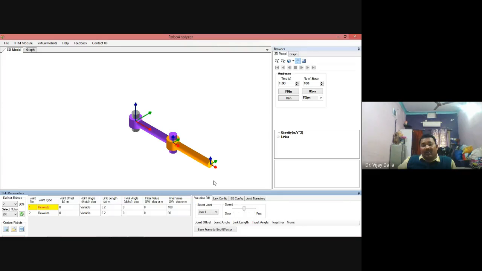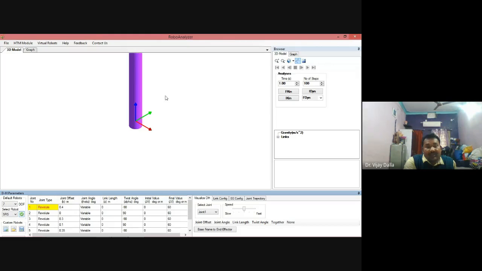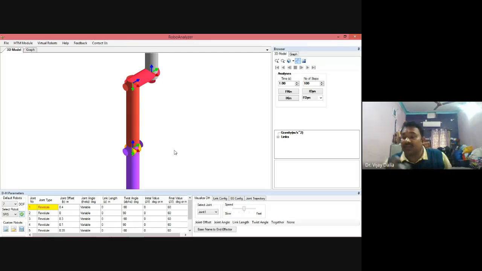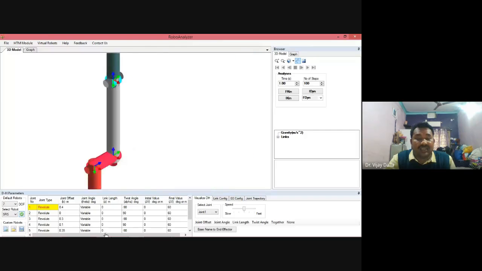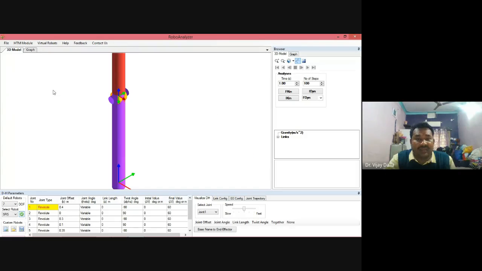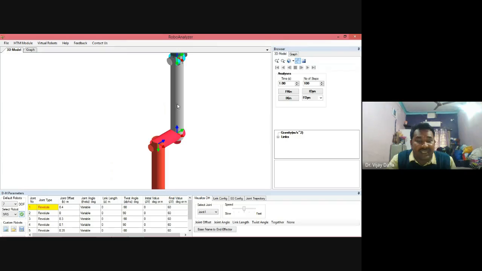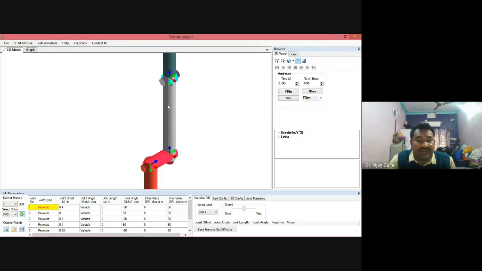But what about complex kinds of robots, like a 7-degree-of-freedom robot? This kind of robot where more axes are involved. Can we easily get the kinematic equations?